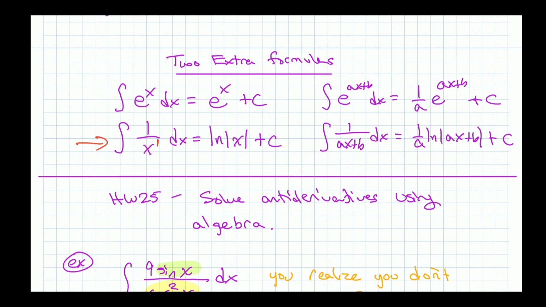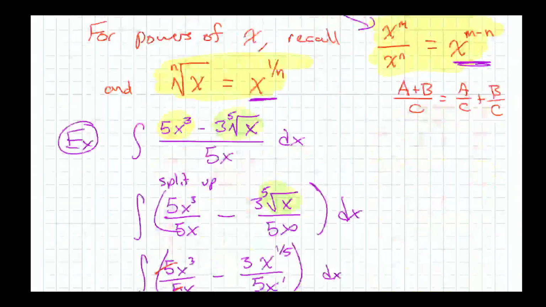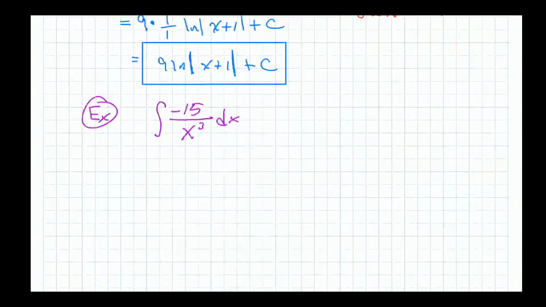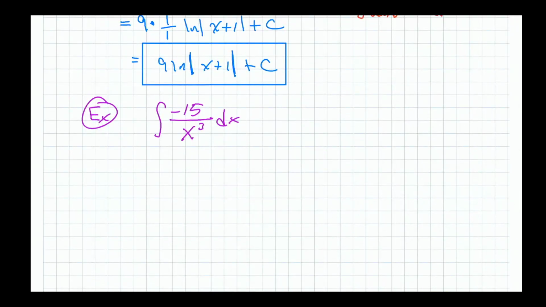And so the only one that comes up natural log is when it's 1 over x to the 1 power. This is 1 over x to the 3 power, right? 1 over x to the 3. So that's not a natural log. So it's good to recognize that now, that this is not a 1. So it's not a natural log.